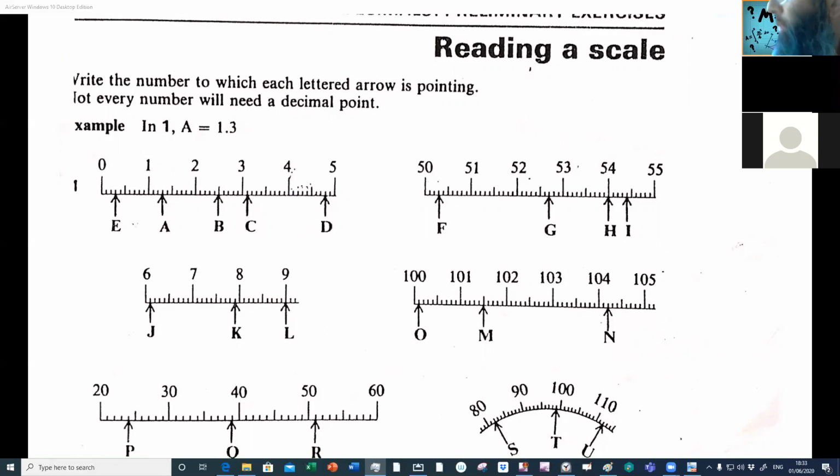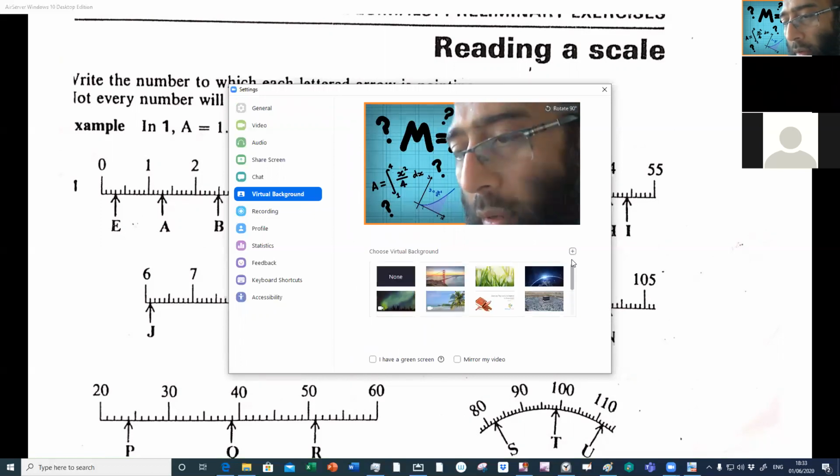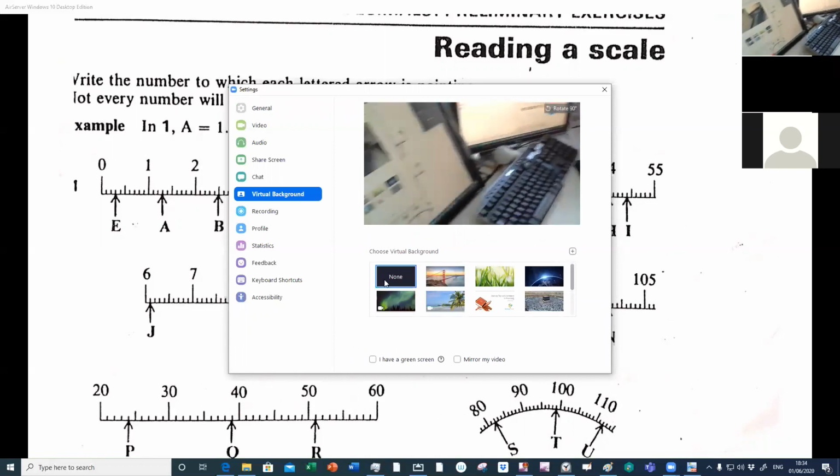But first of all, I have to quickly switch off the background. Where's my background? I need to go to settings, and I need to go to virtual background, and how do we switch it off? Okay, none.